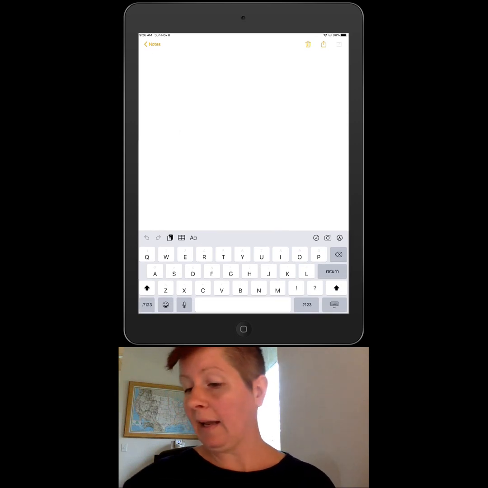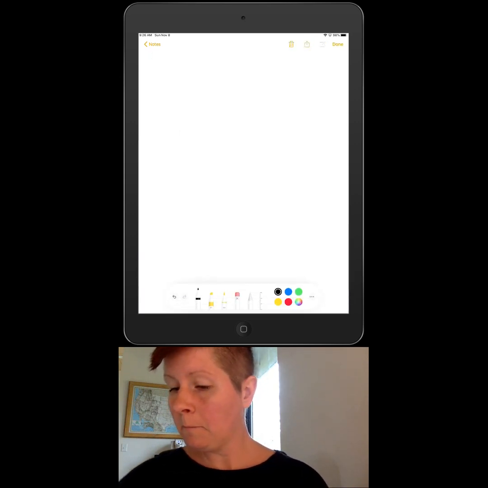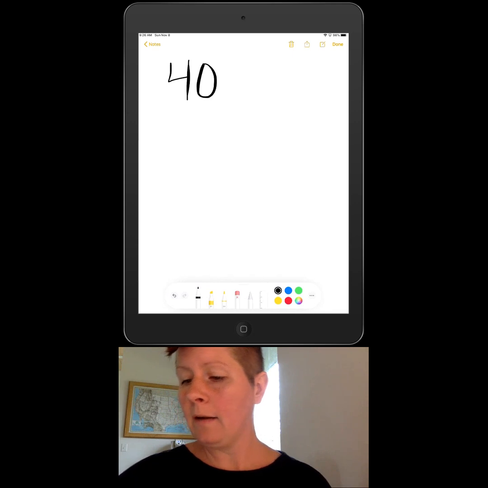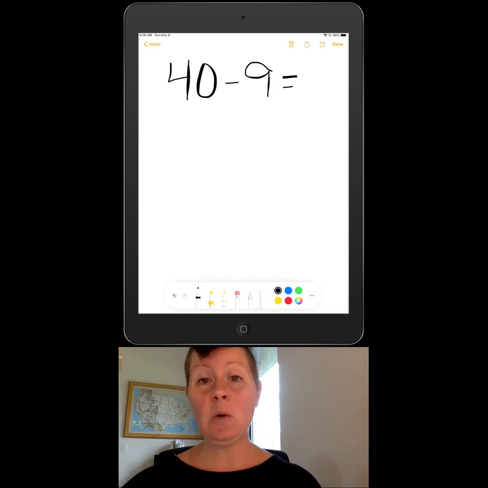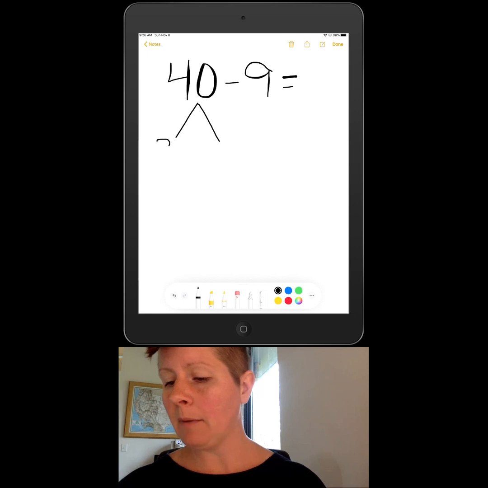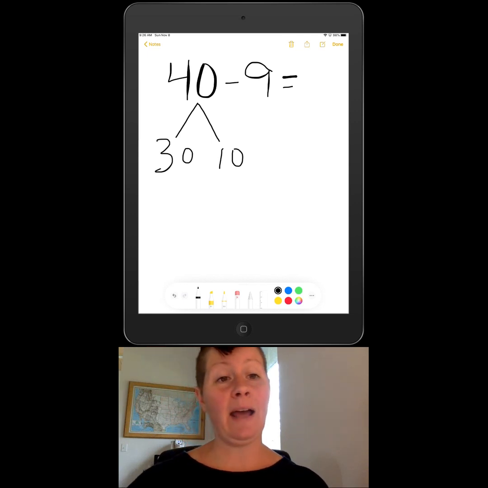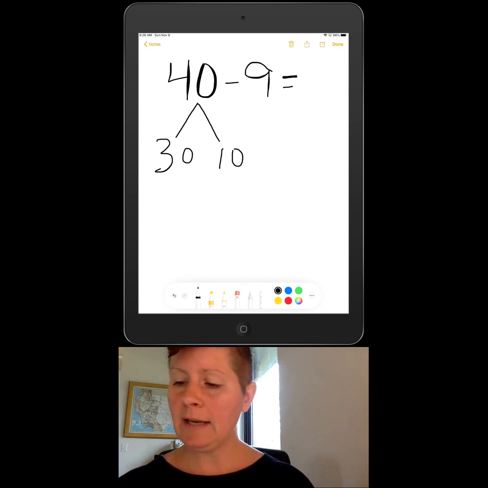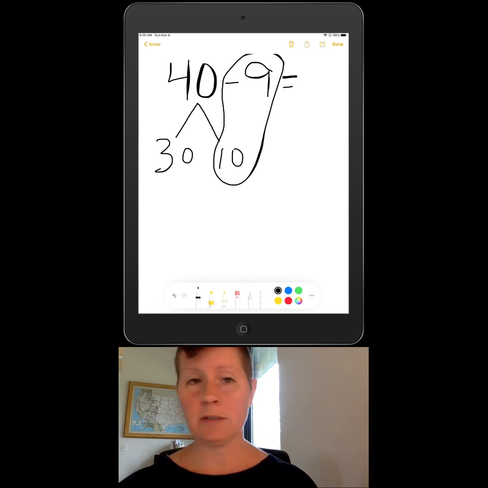So what if I had 40 minus 9? I still want to take out that 10 so that I can solve that simple problem. So if I took out my 10, I would have 30 as my other part. But you see here, this allows me to do this problem first.